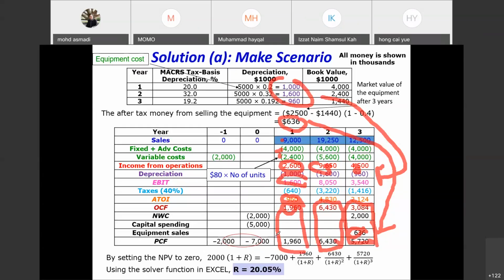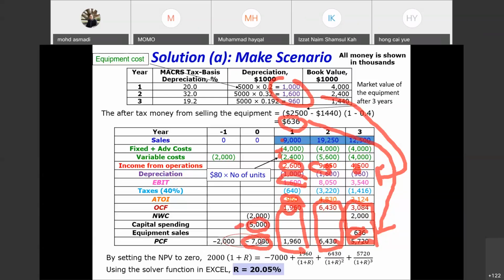So this one is still negative 2,000. You still remember, right? The equipment cost is 5,000. We spend 5,000 for the equipment, meaning that this one is negative 7,000, but previously it was negative 3,000.